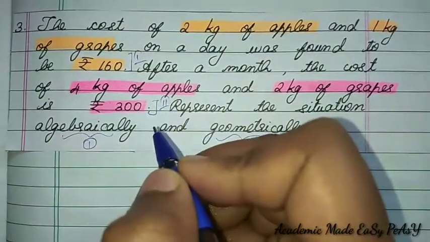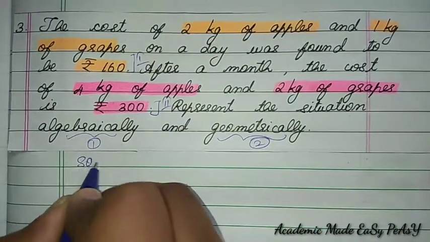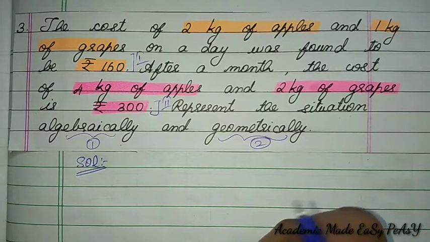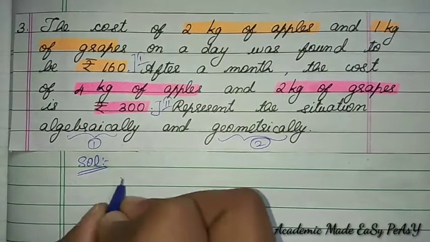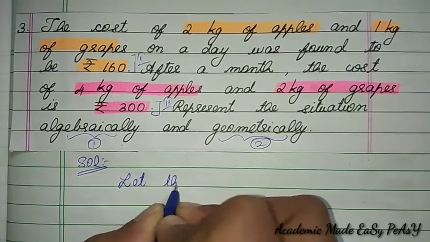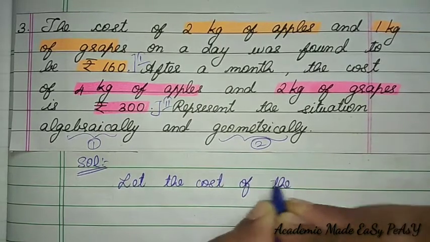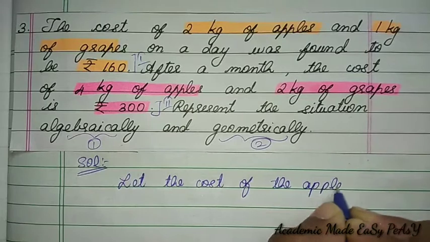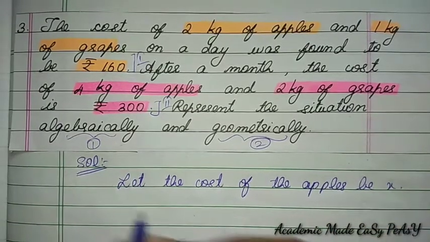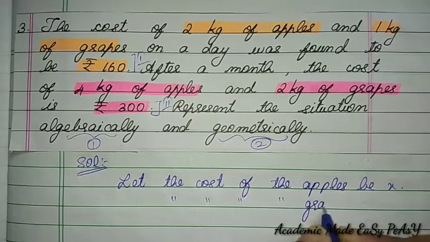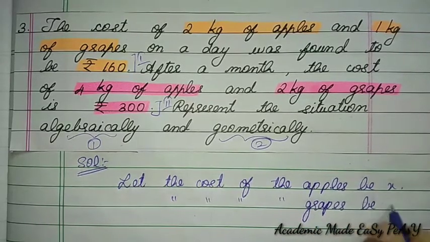So for the pair of linear equations, let us take some variables, that is x and y. Let the cost of the apples be x and let the cost of the grapes be y.